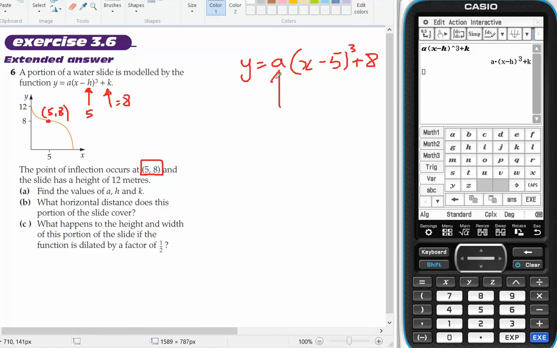To find out a, I need to use another piece of information. And I've got this piece of information over here, that I also have the coordinates (0, 12).